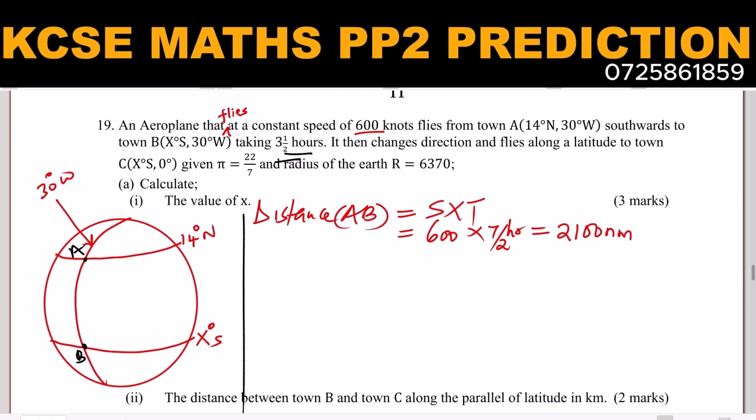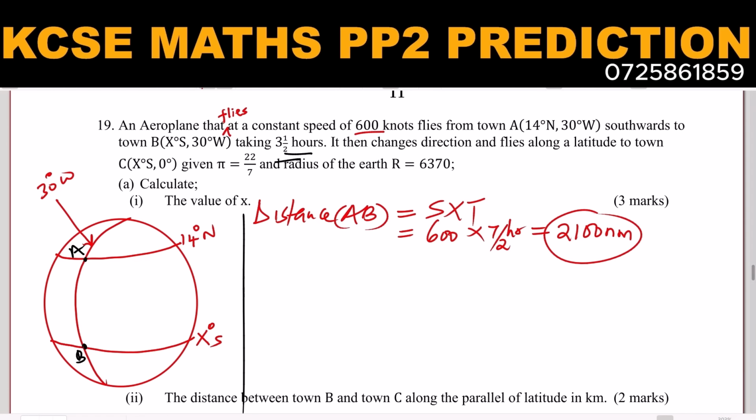So after getting the distance, this will help us to get the latitude difference, because as you can see, the positions of A and B are lying on the same longitude but different latitudes. How do you get this distance, 2100 nautical miles?